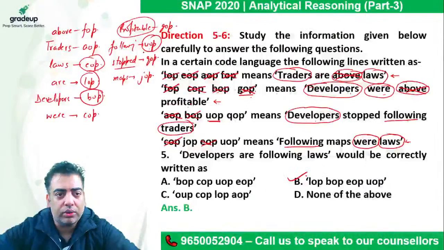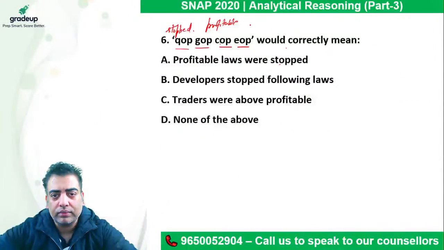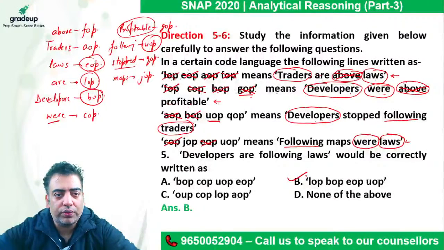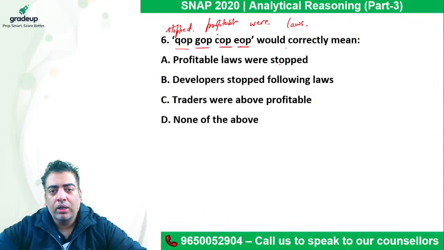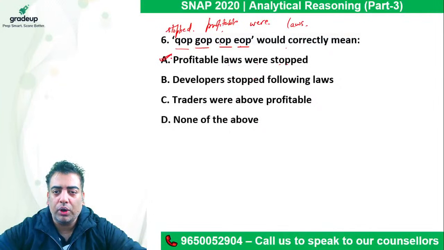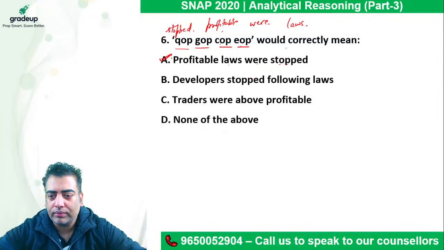COP is the code for were, and EOP is the code for loss. So profitable loss were stopped is given to me in option A. So the correct answer comes out to be A.